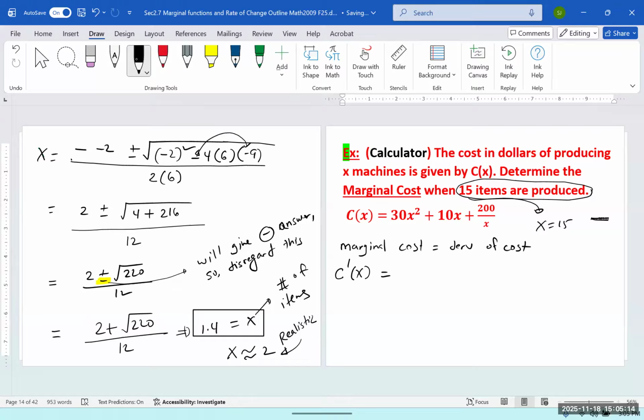So what's the derivative of the cost? 60x plus 10.